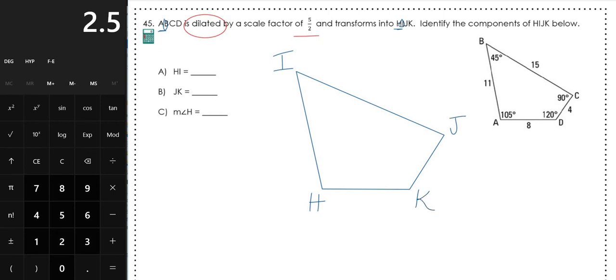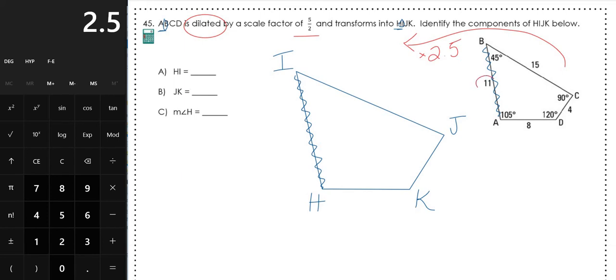Now, I need to solve for HI and I need to solve for JK. So let's start with HI. HI, which is right here, used to be AB before it was dilated. So we're going to take a look at whatever lengths we need to figure out. We're going to multiply the old lengths by 2.5 or 5/2, and we're going to get our new lengths.